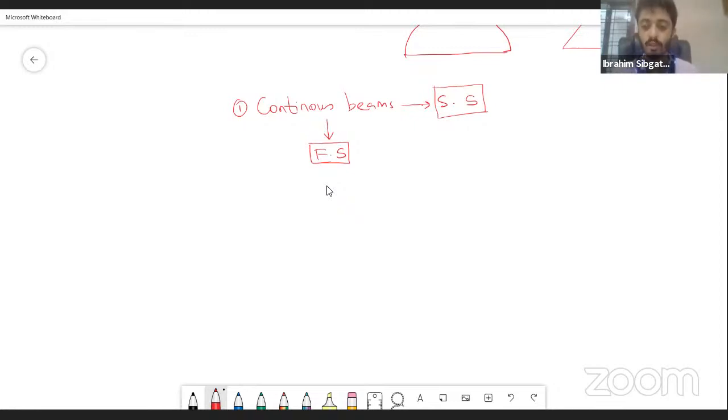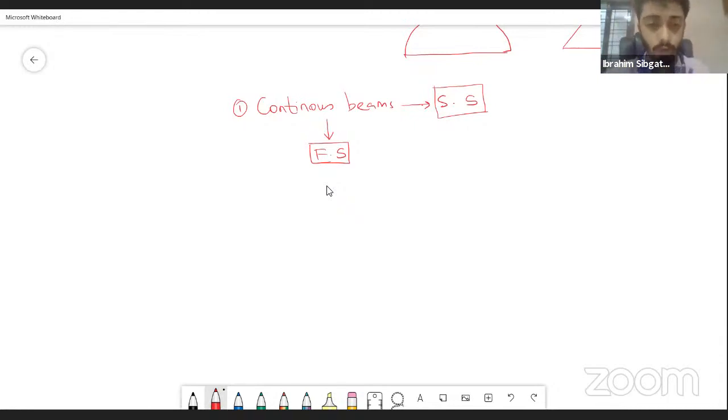Because to find out shear force, the reactions at the supports are very important. And what are the reactions? These are the internal forces that get generated due to the external forces. And what are the external forces? The loads.